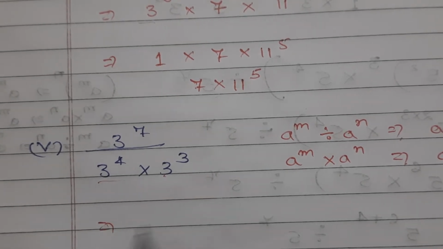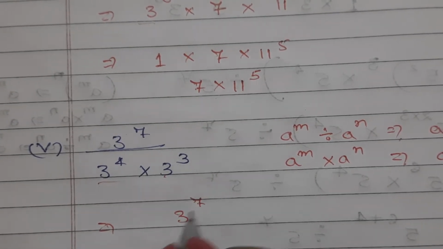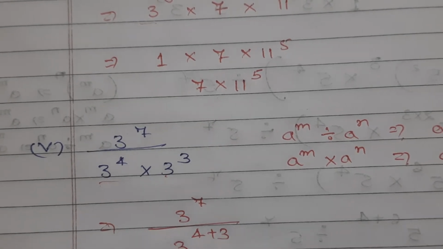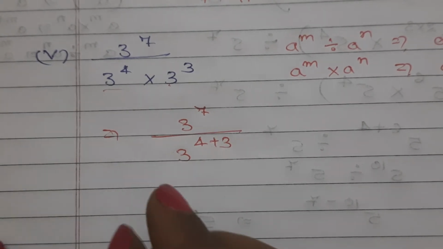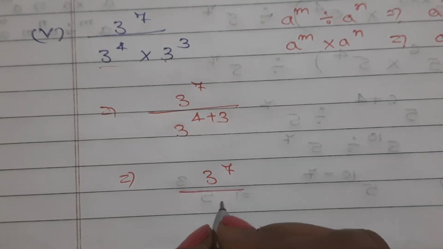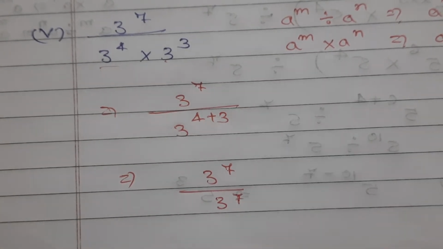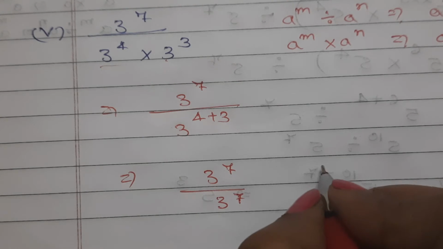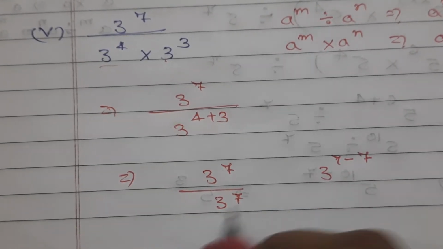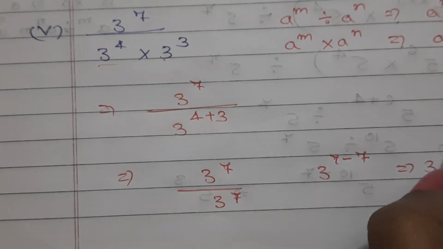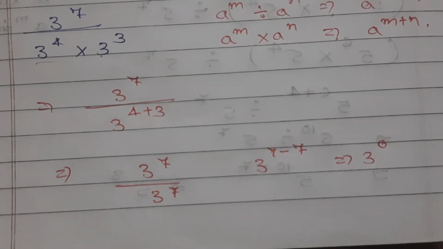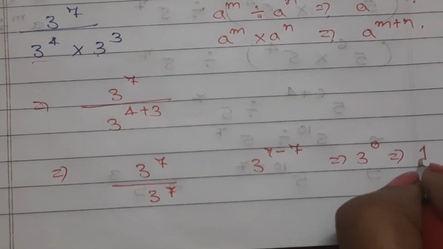So it will be 3 to the power 7 divided by 3 to the power 4 plus 3. So 3 to the power 7 divided by 3 to the power 7. So what will it be? It means 3 to the power 7 minus 7. The answer is 3 to the power 0. And when it is 3 to the power 0, it means the value is equal to 1.